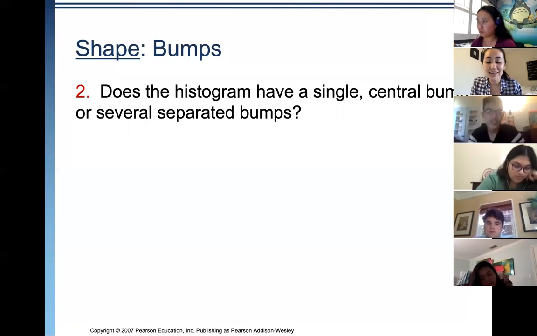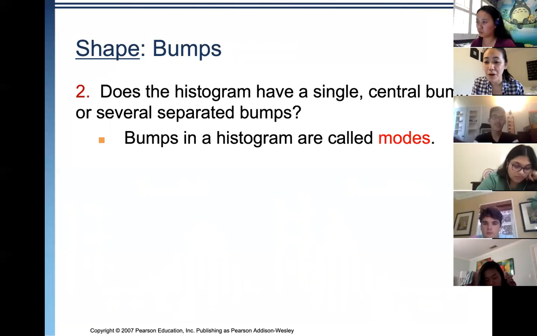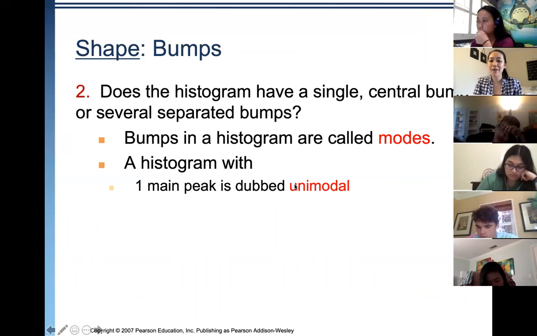The second letter is M for mode. Sorry, I'm going out of order in your notes right now. We're going back to the top; the bottom half was symmetric or not symmetric, and now we're back on the top half. Mode is talking about how many peaks there are.